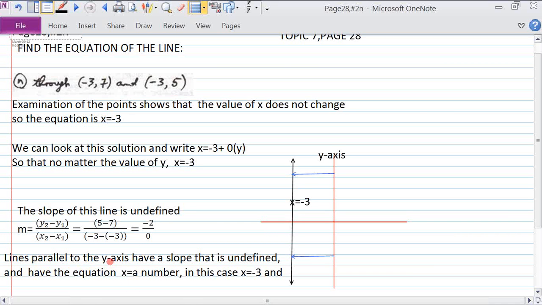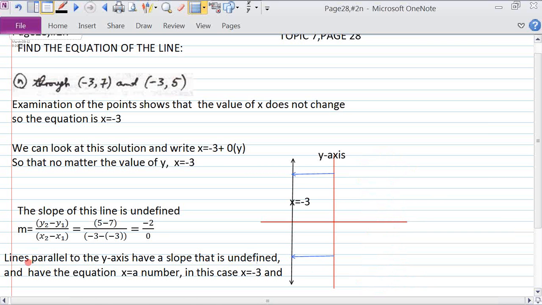Lines parallel to the y-axis have a slope that is undefined, so it doesn't matter whether the line is here, or going down from here, or going down from this point.